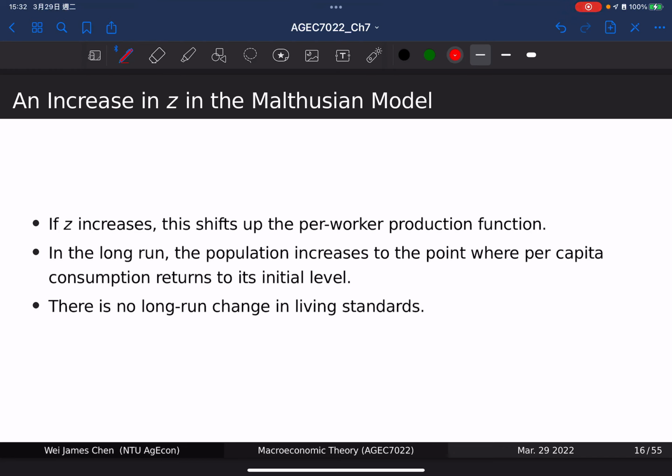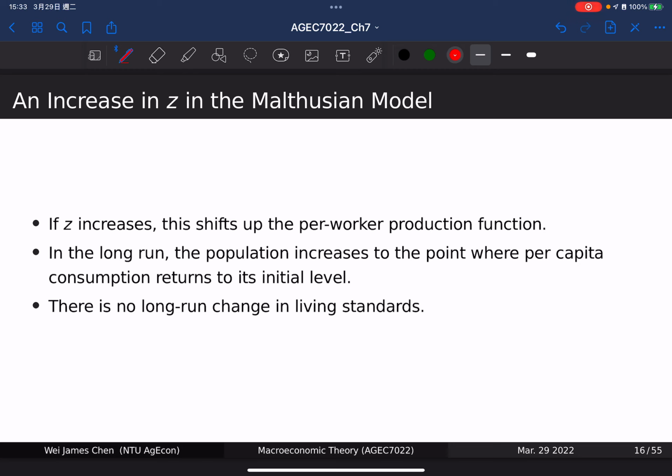Okay, so after we talk about the model and how to calculate the steady states or the equilibrium in that model, the next natural question to ask would be, so what happens with an increase in Z? Because we talked about the increase in technology or total factor productivity a lot in the previous models that we talked about in chapters 4 and 5, remember?